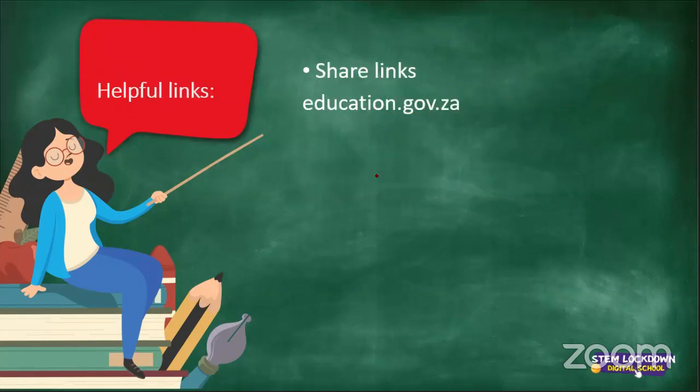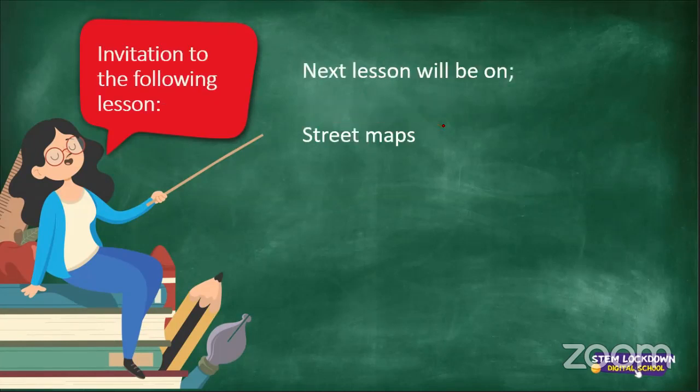Next, for more information, you can look at past papers from this website, www.education.gov.za. Next week we're looking at maps, street maps, right? So today's lesson is the foundation for lessons to come. And then we're done for today.